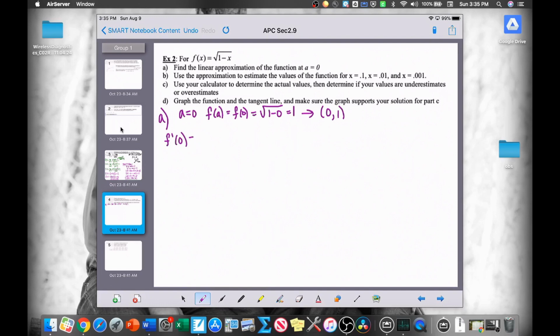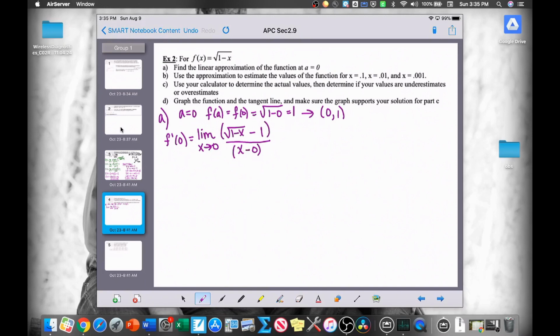All right, let's find our slope. F prime of 0 is going to be equal to, I need to do my difference quotient, the limit as x approaches 0 of f of x, which is the square root of 1 minus x, minus f of a, so minus 1, divided by x minus a, so divided by x minus 0.